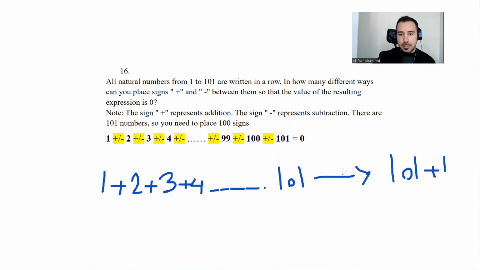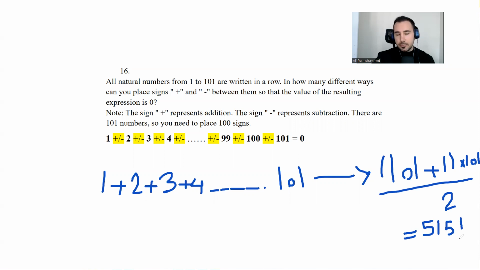And how many pairs like this do we have? We have 101 numbers. So I'm going to multiply it by 101, and then divide it by 2. So what is the result? It's going to be 5,151.